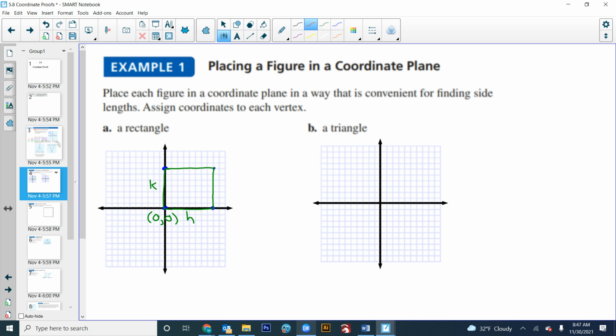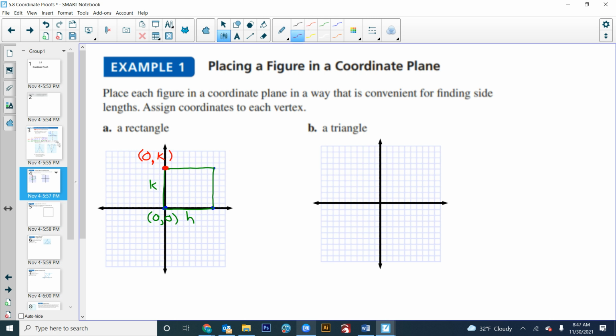All right, now if this length is K, who can raise their hand and tell me the coordinate up here in general? If the height of this rectangle is K, then this is 0, comma, K. The X value is 0. The Y value is whatever length K is.